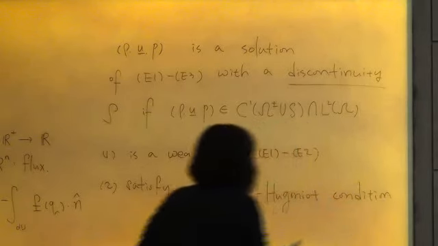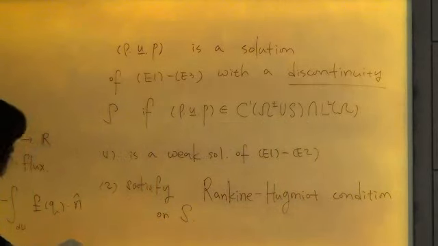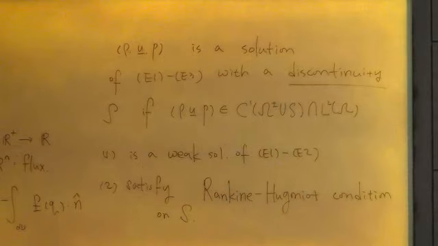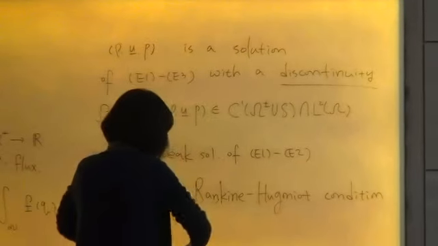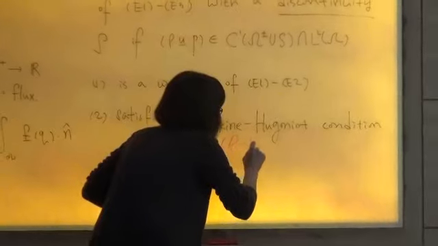Condition on S. So what is the Rankine-Hugoniot condition? The Rankine-Hugoniot condition is the following here. So from now on, let me use RH condition. So this is the terminology I normally use.